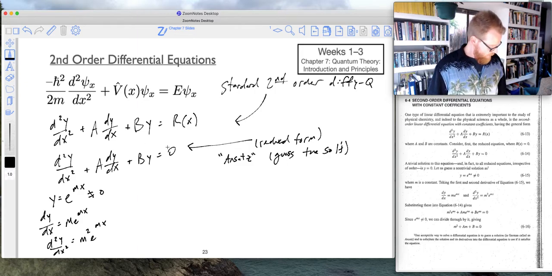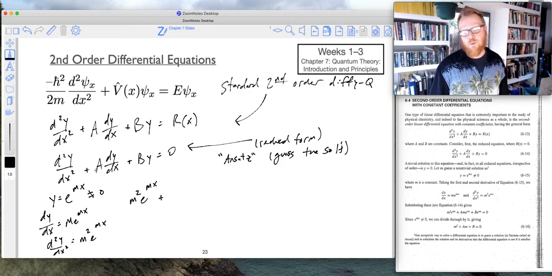We supply the second derivative, so that's m squared e^(mx), plus, perhaps we might have some constant in our differential equation, a, times the first derivative, dy/dx, which is m e^(mx).